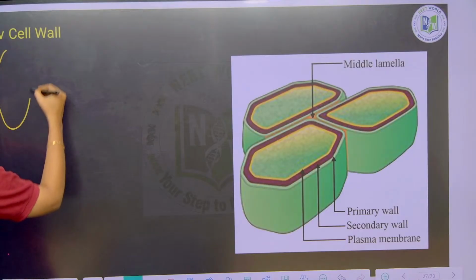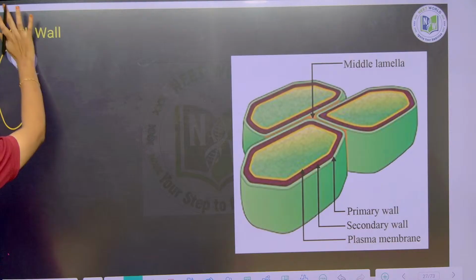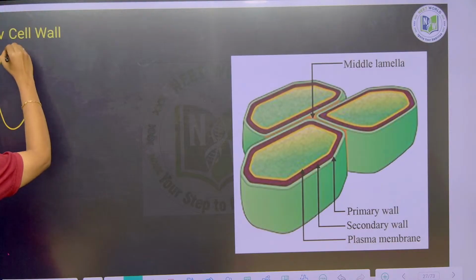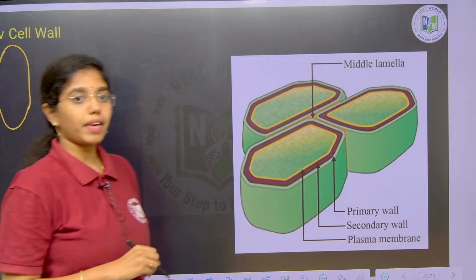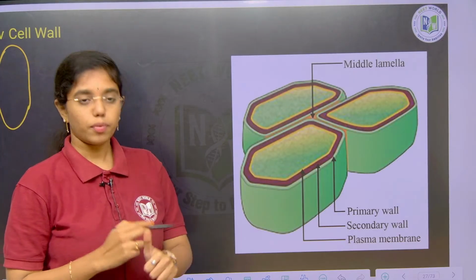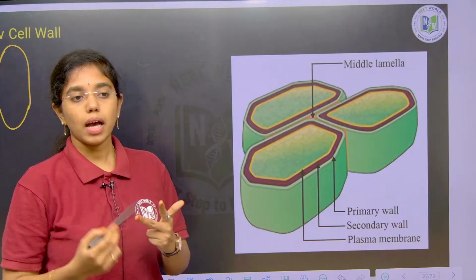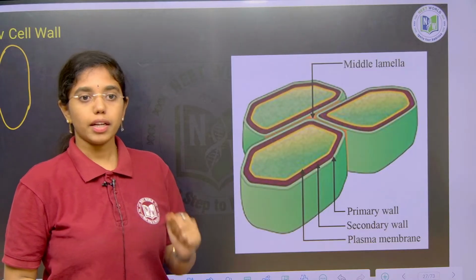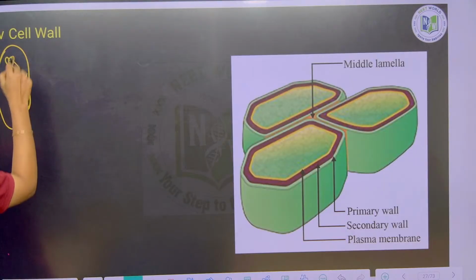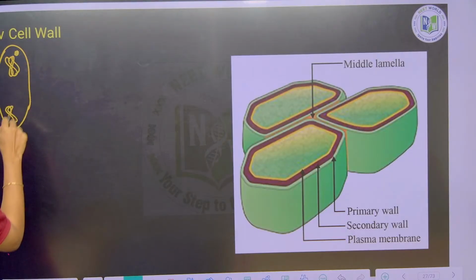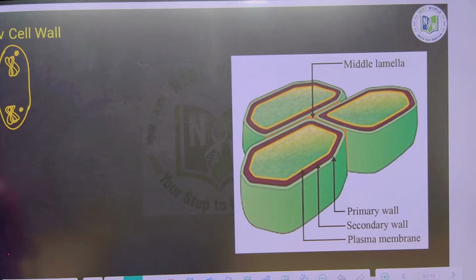So, if this is the region at the end of telophase, what are the 4 stages of karyokinesis if you remember? Prophase, metaphase, anaphase, telophase. Telophase is the last stage, where you can see the genetic material and nucleolus aligned to 2 opposite poles, right.